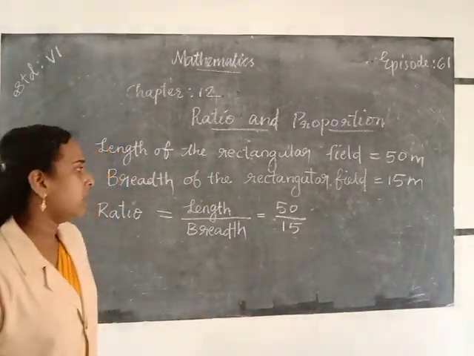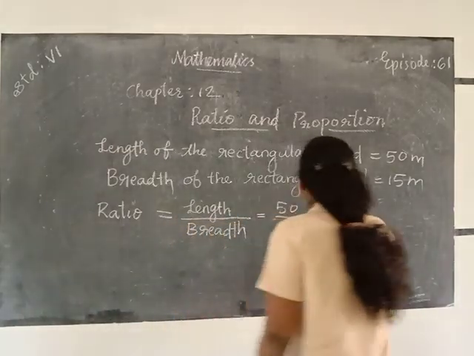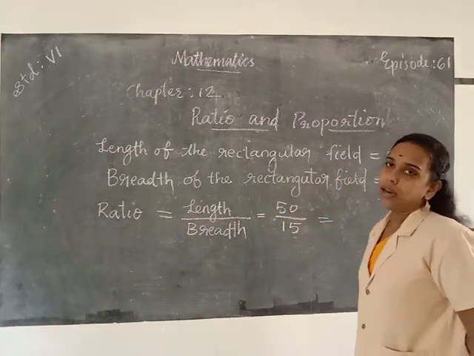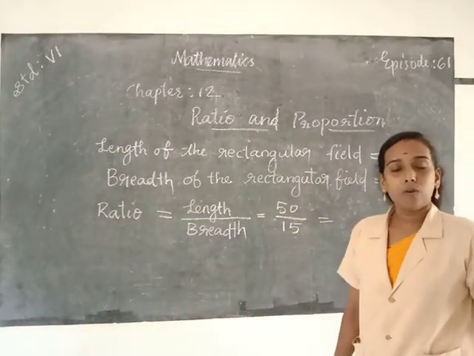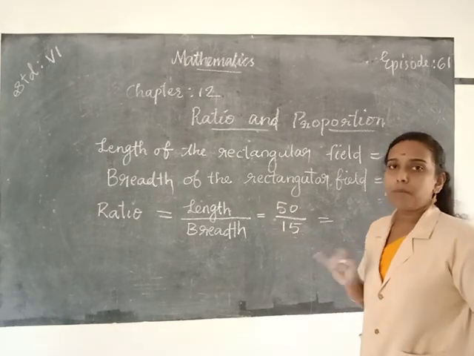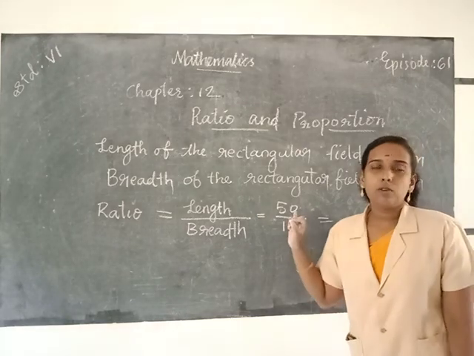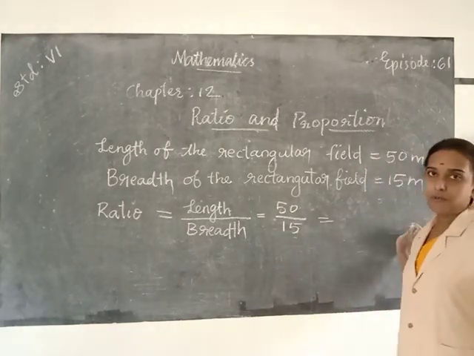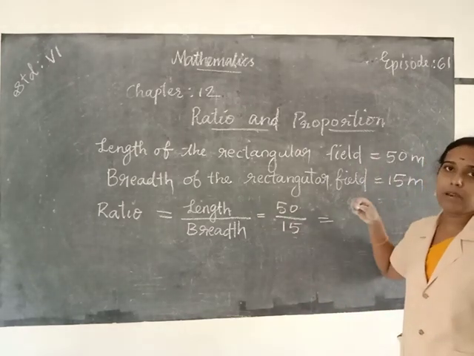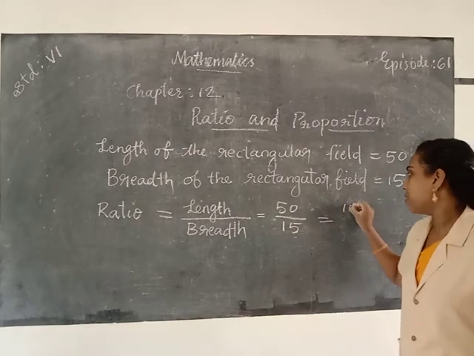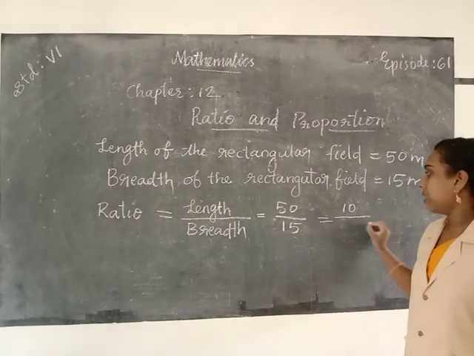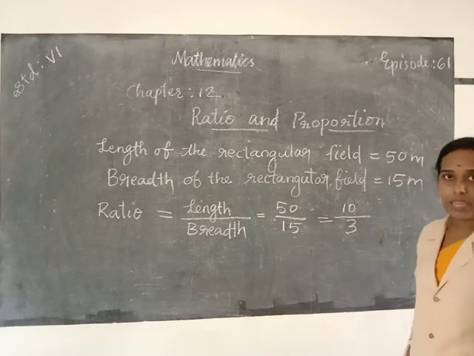And here these two numbers are multiples of 5. 5 is a common factor in 50 and 15. So if we divide numerator and denominator by 5, then we get 50 by 5, 10. 3 5s are 15.